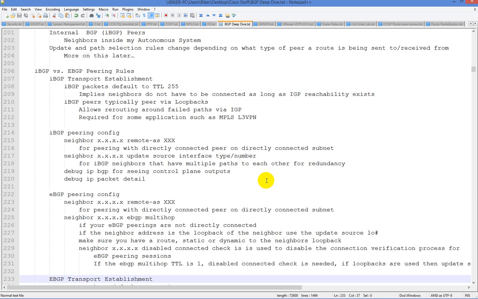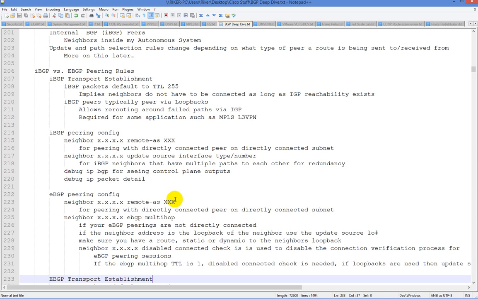So if you use the neighbor command with the IP address of the remote neighbor and the remote AS, whatever that autonomous system number is that's not yours, then you would form a peering. But what happens if you're peering off loopbacks like you would be with iBGP? Or the guy you're peering with is 700 routers away?